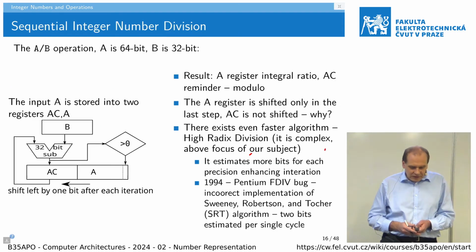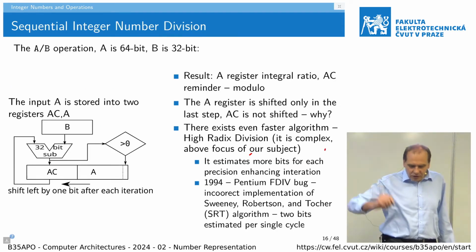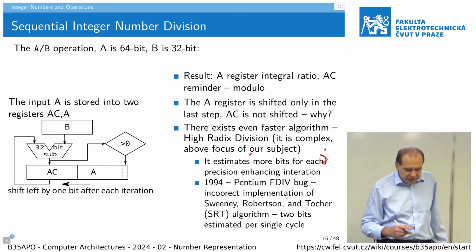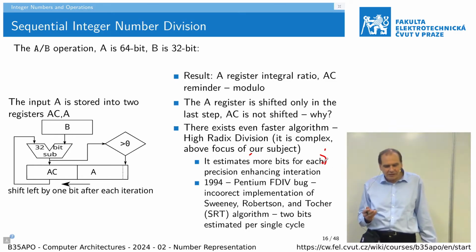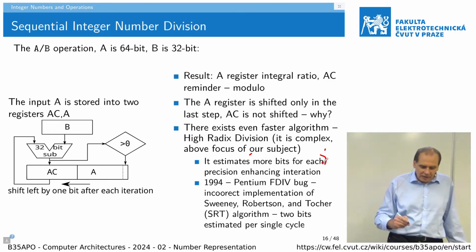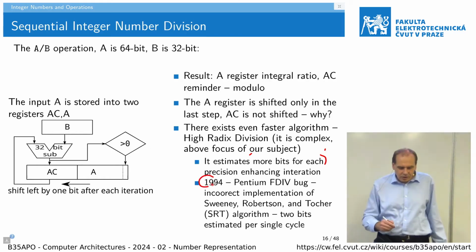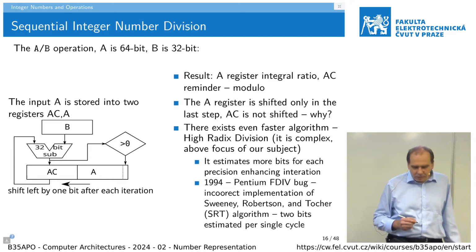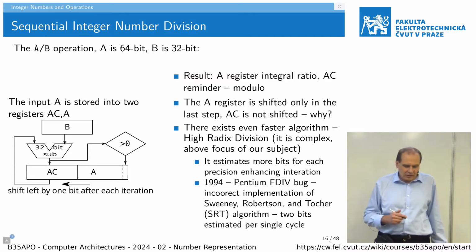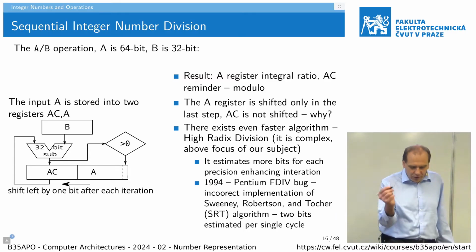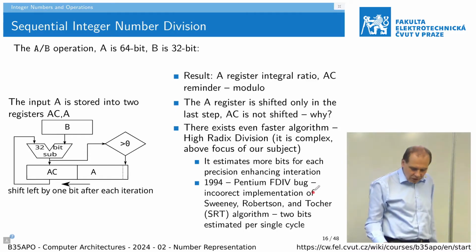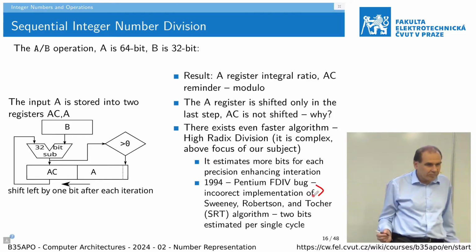What is interesting is that such algorithms can estimate even 2 or 4 bits per single clock cycle, and maybe you know that there was the so-called Pentium FDIV bug in 1994, which was caused by incorrect implementation of the algorithm.